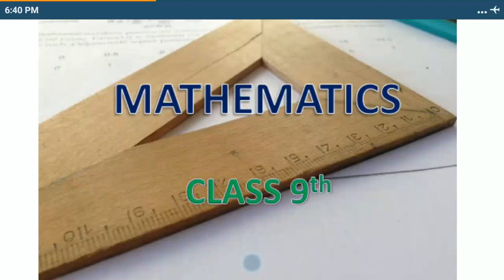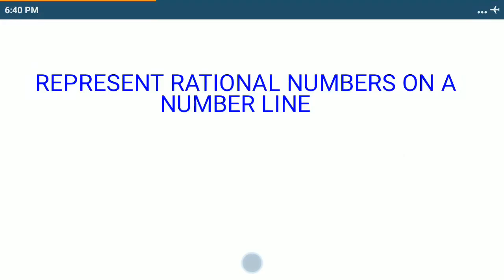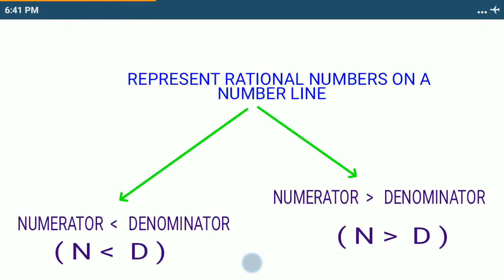Students, in our last lecture, we studied how to represent rational numbers on the number line, in which we looked at an example of the first category, in which the numerator is less than the denominator.